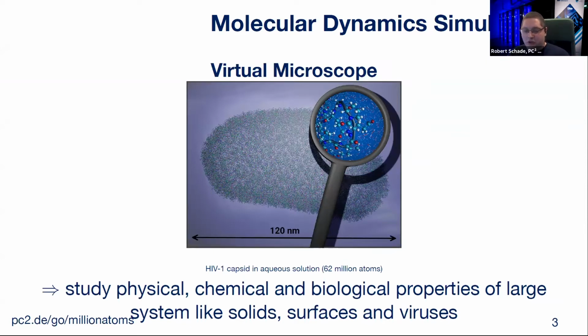Namely, the general idea, just on a really rough scale, is to study the physical, chemical, and biological properties of large systems like solids, surfaces, and also most recently viruses, like here in this picture, the HIV-1 virus capsid, solvated in water. This overall system has about 62 million atoms, and that becomes very challenging for molecular dynamic simulations, especially if you base them on electronic structure calculations.